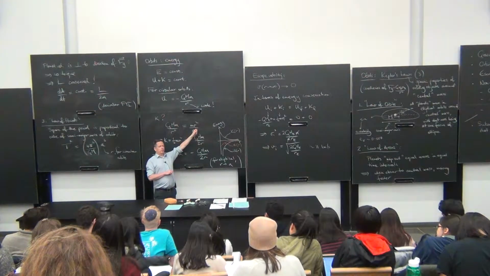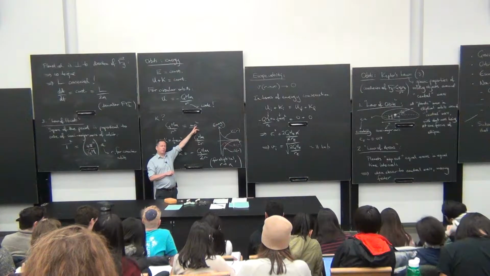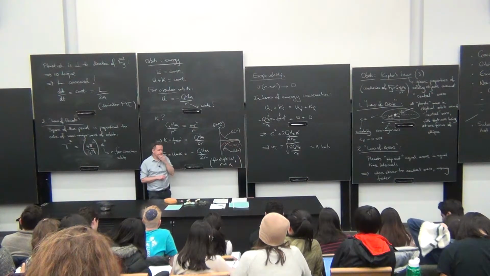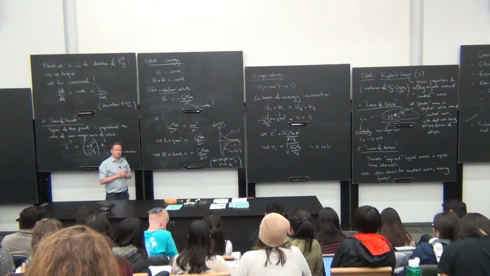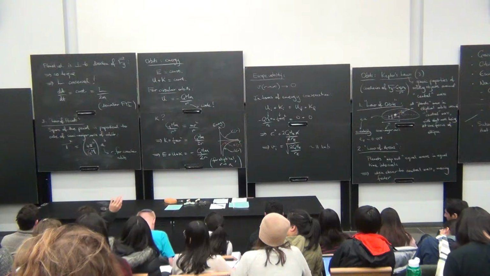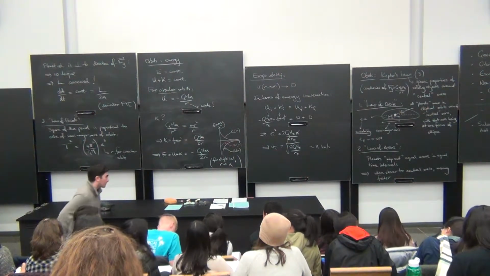And I'm claiming that this is in a circular orbit, so this is simply mass times the acceleration. And since it's circular, I'm allowed to put in my usual centripetal acceleration here.